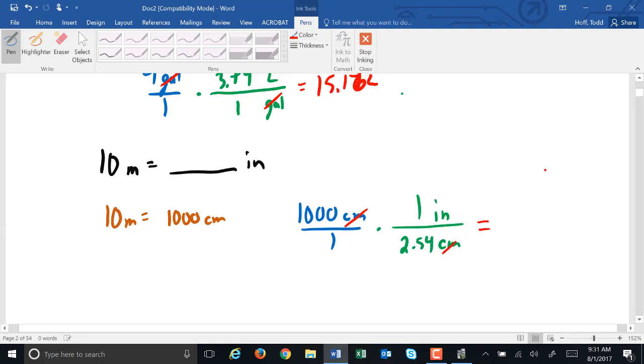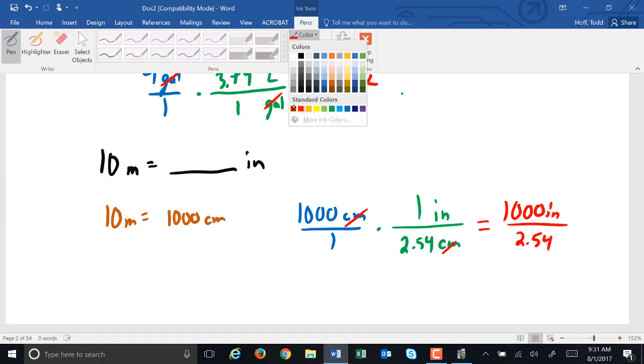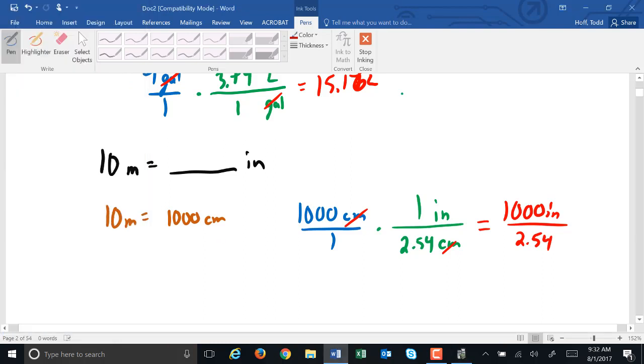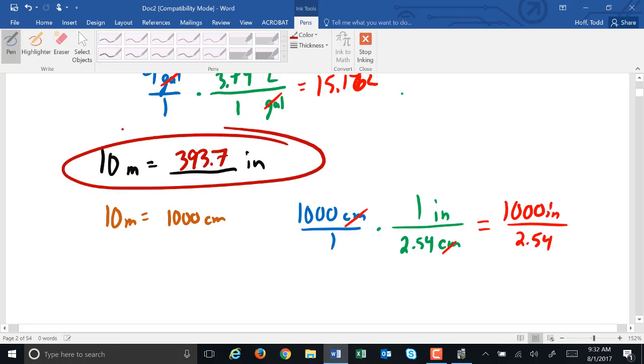Centimeters cancel out. We've got 1,000 times 1 inch is 1,000 inches, 1 times 2.54 is 2.54. And we just have to divide that out. 1,000 divided by 2.54. So 393.7 inches. Any questions there?